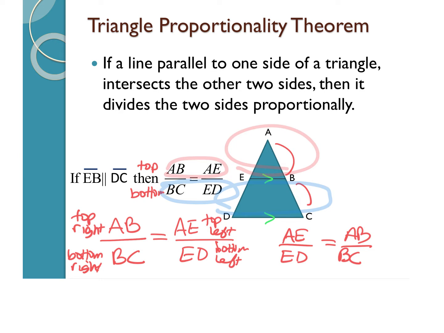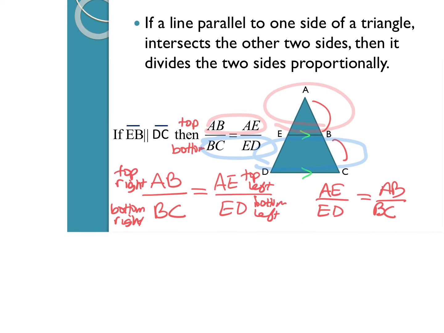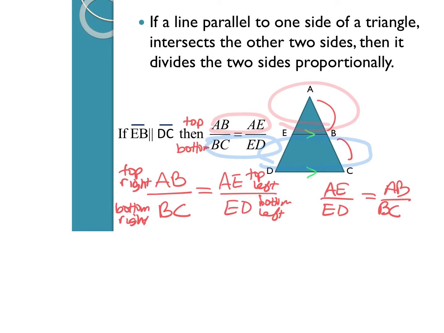I think it might be better to think about putting the tops in the top of the fraction and the bottoms in the bottom of the fraction. That might be a logical way to set this up. But technically, we could still also do right over left.